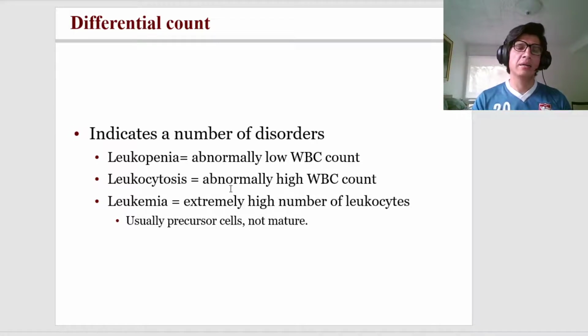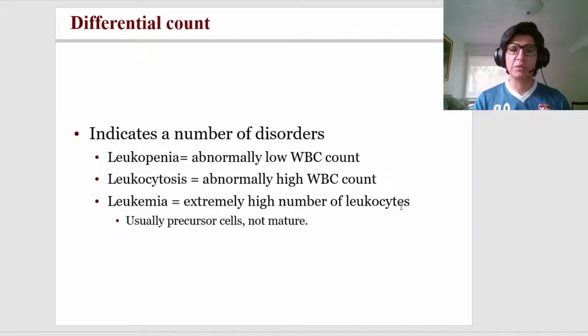These are just definitions for these particular maladies: leukopenia, abnormally low white blood cell count; leukocytosis, abnormally high white blood cell count; and leukemia, extremely high number of leukocytes.